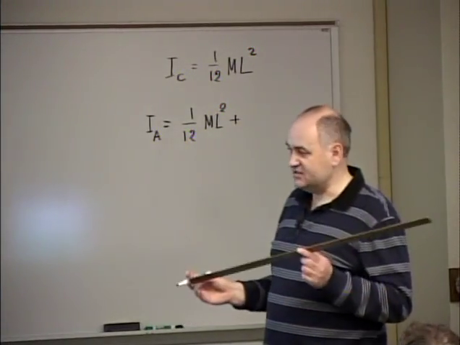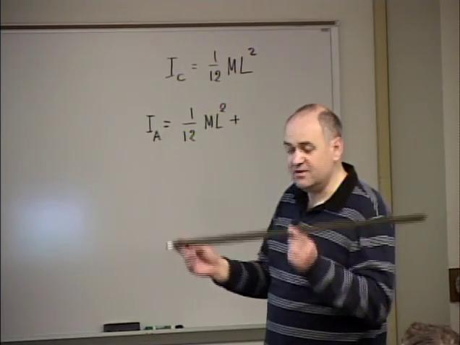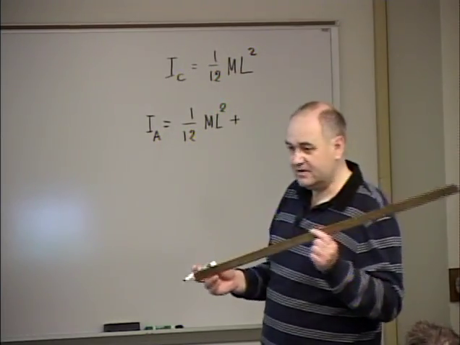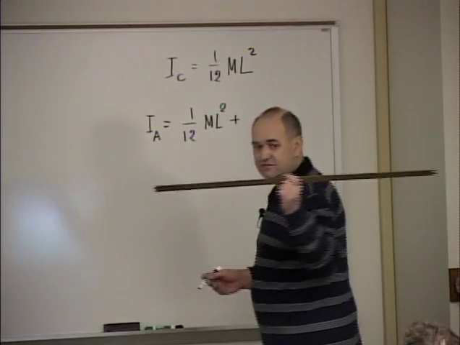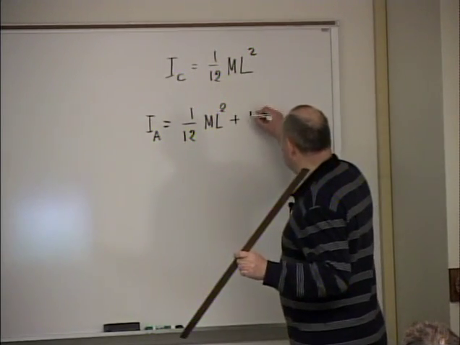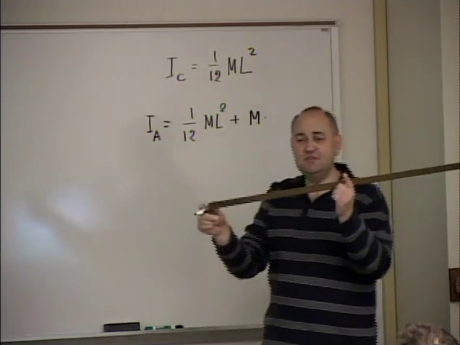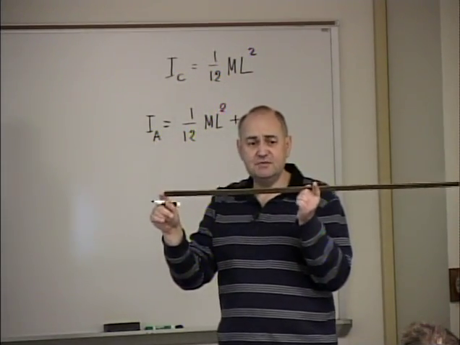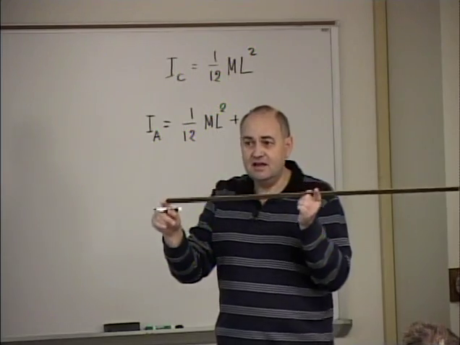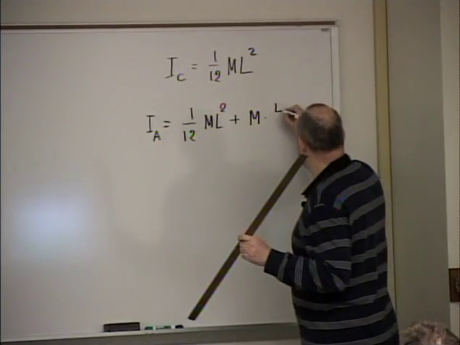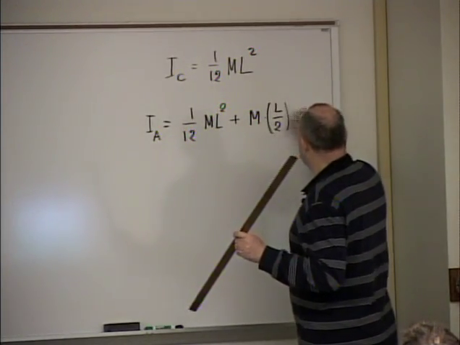The distance between the axes squared, right? Multiplied by the mass of the rod. So I have to multiply by the mass of the rod times the square of the distance between the axes. What's the distance between the axes? L divided by 2. And I have to square it.